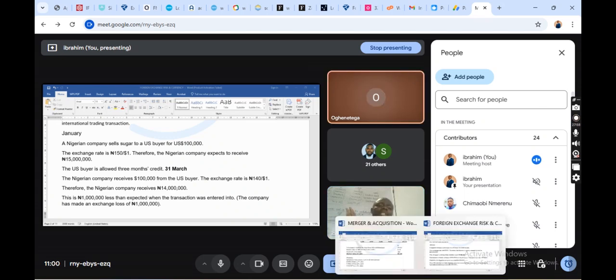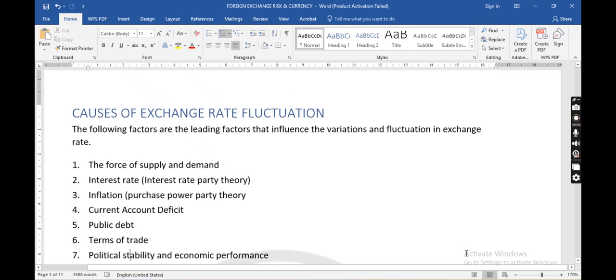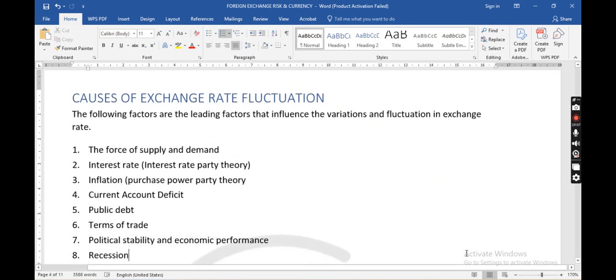Okay. Now, if this is established, we move ahead to causes of exchange rates, which is our focus here.